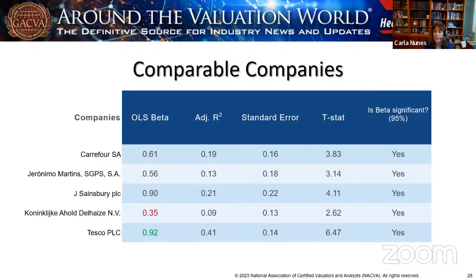That's something to help you make the selection. In this case, they are all significant. But if they weren't, I would consider throwing it out, even if it has a good description of business risk and seems like a good comp for you. If it's not statistically significant, I would be very careful about selecting that beta in your final conclusion. Go ahead, Kevin.